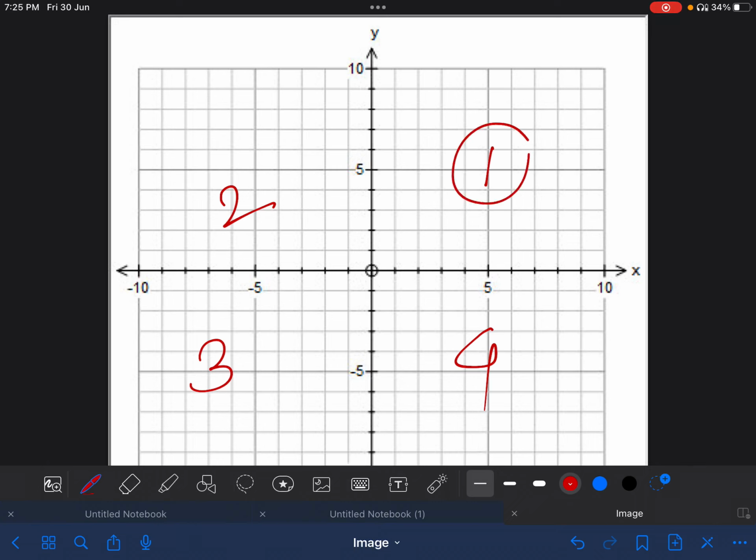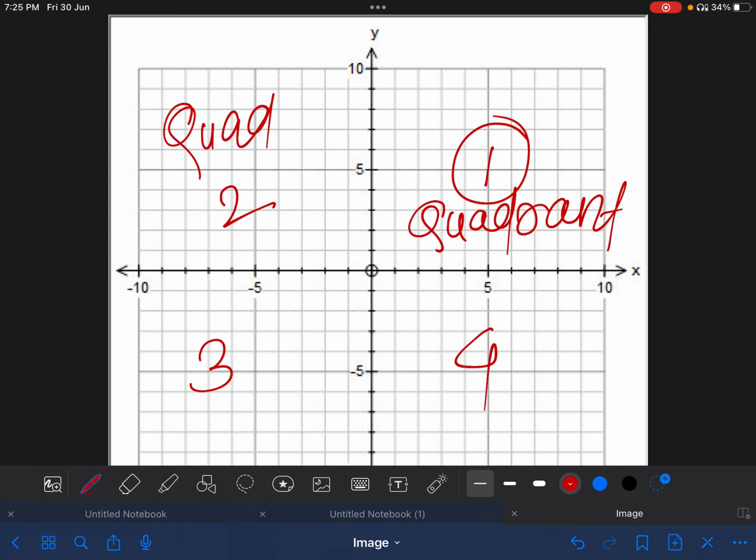This is the first part, so we call it the first quadrant. This is the second quadrant, this is the third quadrant, and this is the fourth quadrant.